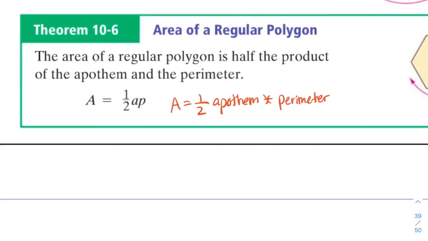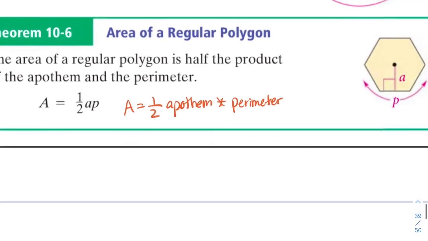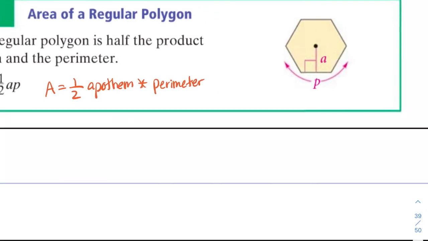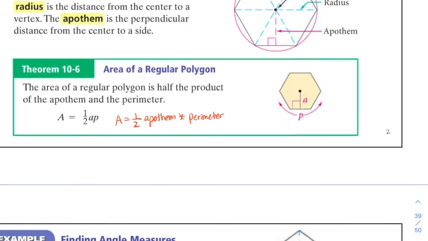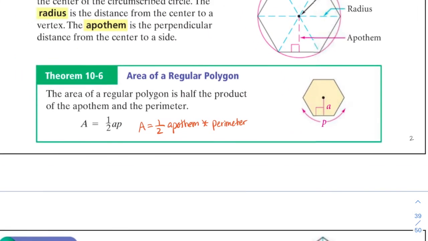It can be a hexagon. It can be an octagon. It can be a decagon. It can be any type of polygon, a pentagon with 5 sides, 5, 6, 7, 8, 9, 10, 11, 12, 13. It can be any amount of sides. You just have to do 1/2 apothem times perimeter.